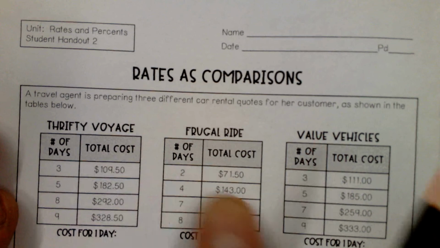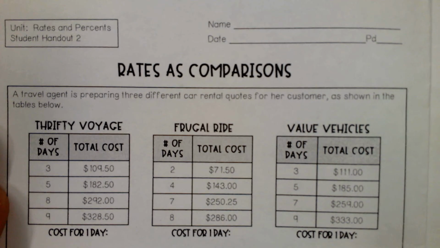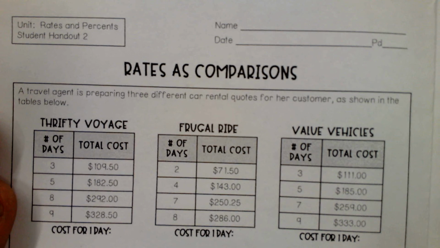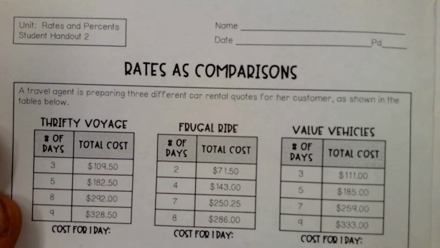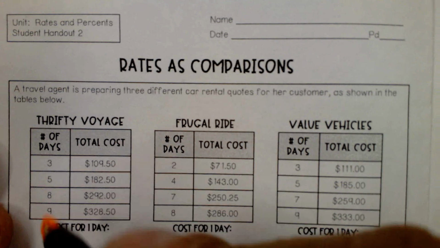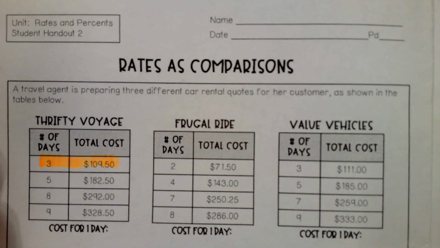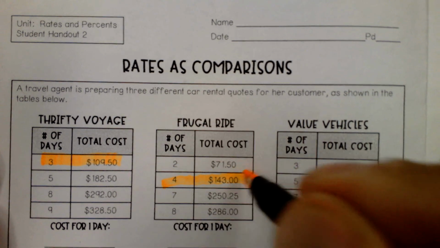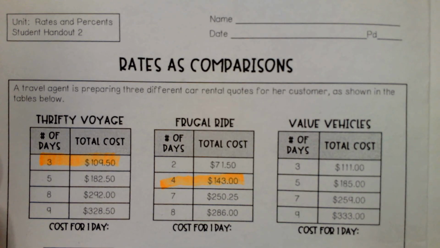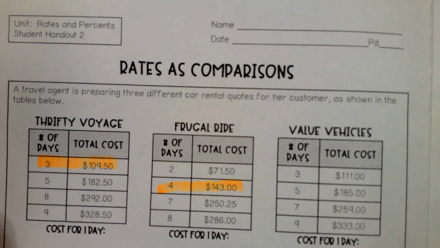So we've got Thrifty Voyage, Frugal Ride, and Value Vehicles. Okay, so this is for car rentals. Between you and your partner at your table, pick, like, I'm going to pick that one. And then maybe over here, I'll pick 4 days, $143. So pick a pair.